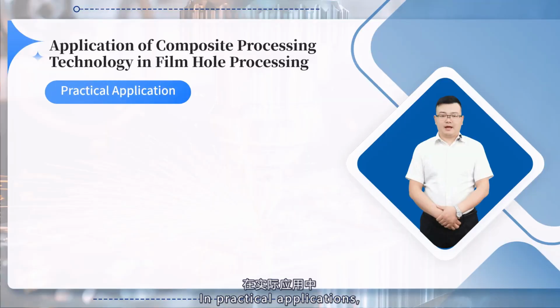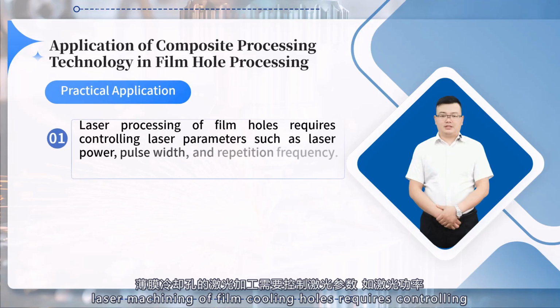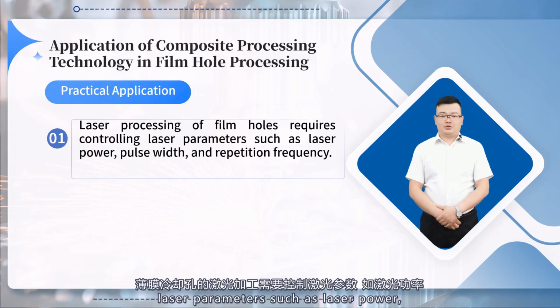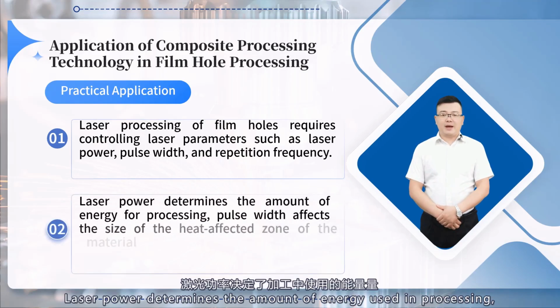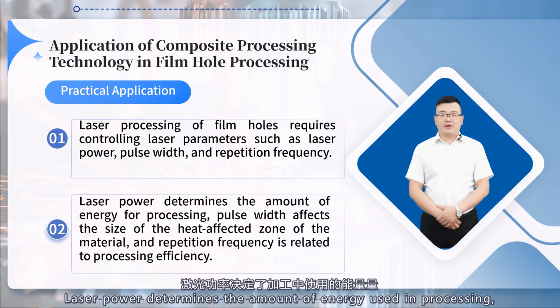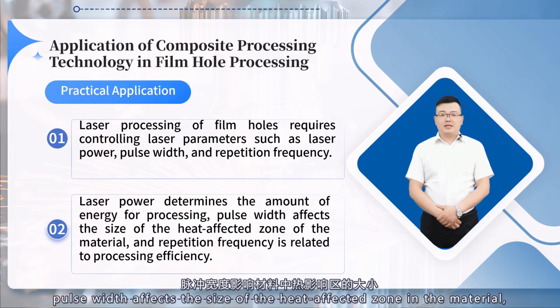In practical applications, laser machining of film cooling holes requires controlling laser parameters such as laser power, pulse width, and repetition frequency. Laser power determines the amount of energy used in processing.